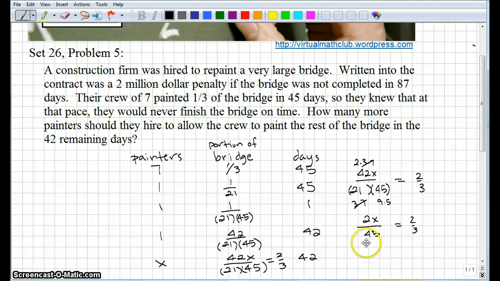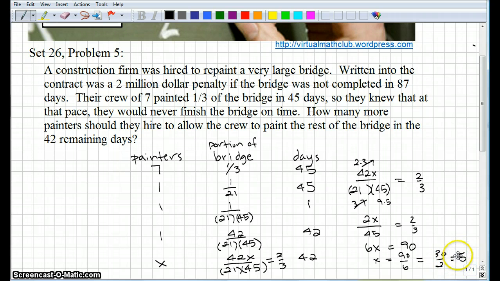So I can say 6x is equal to 90. Now that's not too bad. We can divide 90 by 6, so x is equal to 90 over 6, which, if I divide by 3, is 30 over 2, or 15.